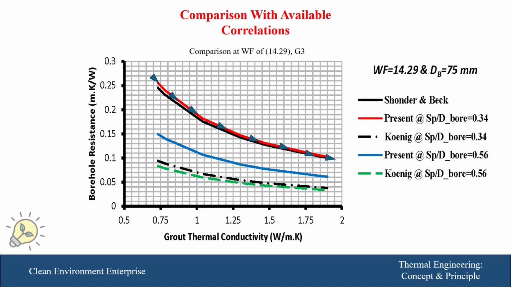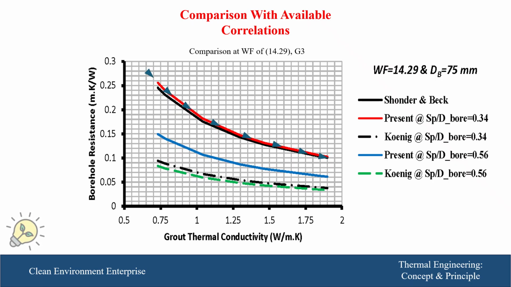And we have to mention here that the Schonder and Beck correlation doesn't depend on the borehole diameter and the spacing between the tubes. But the other correlations, I mean the present model and the Koenig equation, represent variation and show its influence by the change of these values of SP and DB.